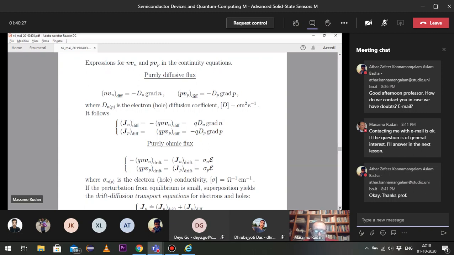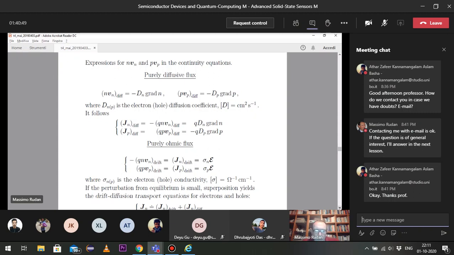Okay, so for a moment, we put it aside and we consider the other transport mechanism that applies, of course, only to charged particles. That is the purely drift. It is also called ohmic flux.